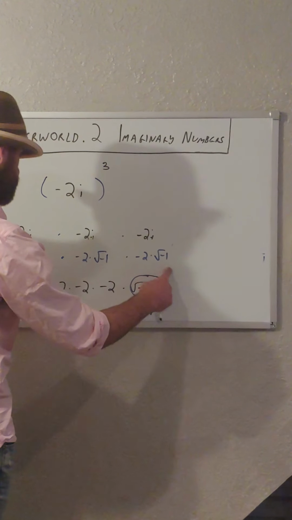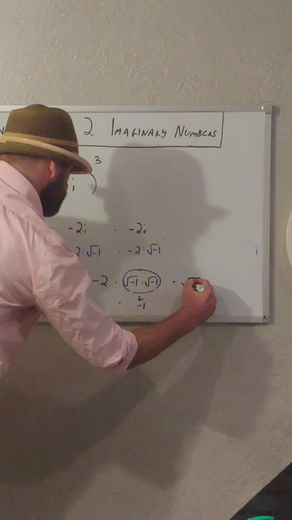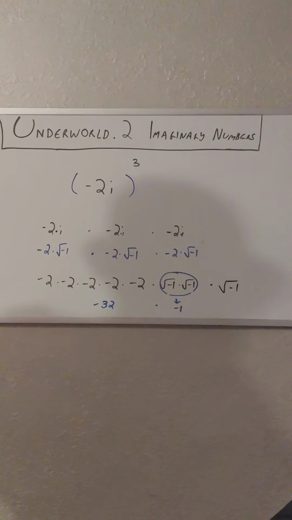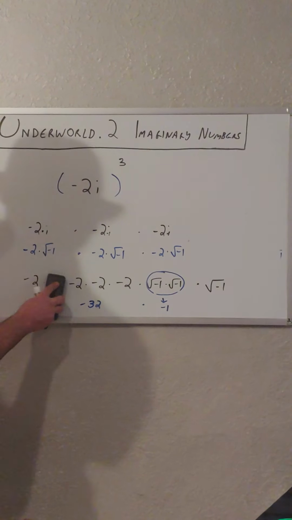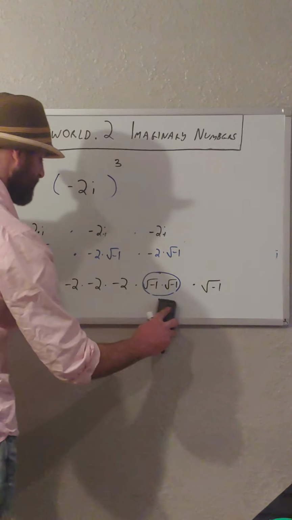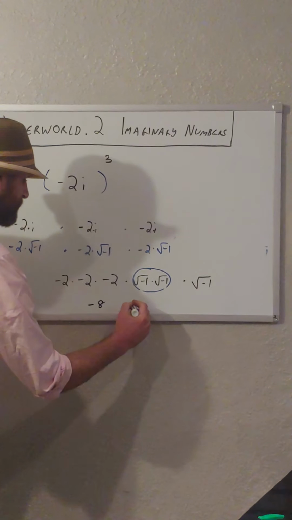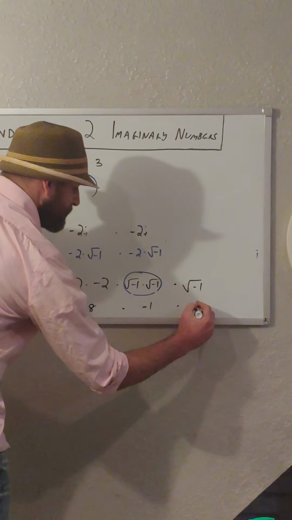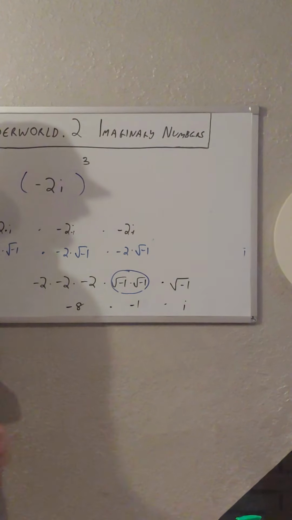Oh, we got an extra one of these, don't we? And I don't think there's 5 of those 2s. Oh, you're right, there's only 3 of those 2s. Yep. Okay, so in a situation like this, that would be -8 times -1. And since that's the only one left, that would just be i. So you guys agree that would come out to be positive 8i?